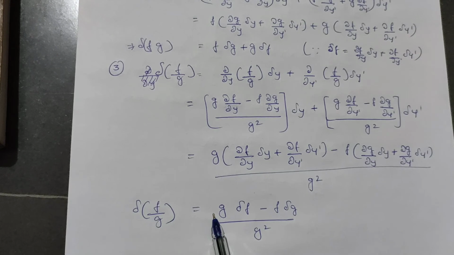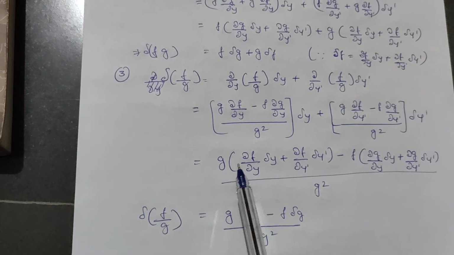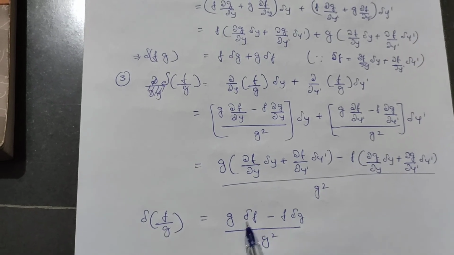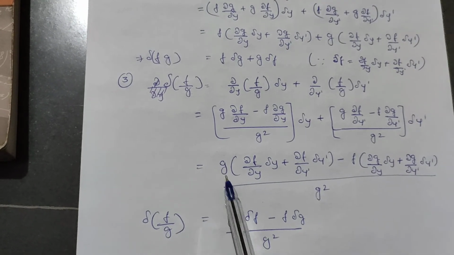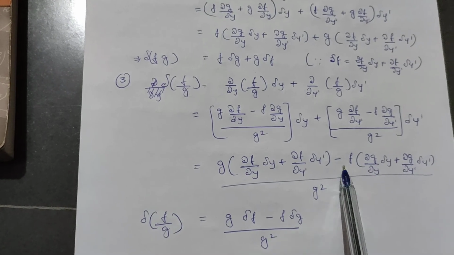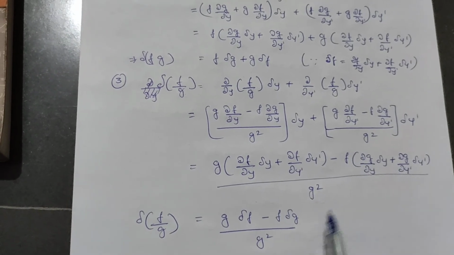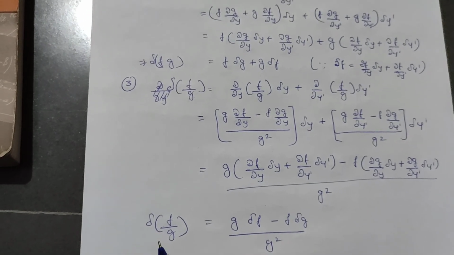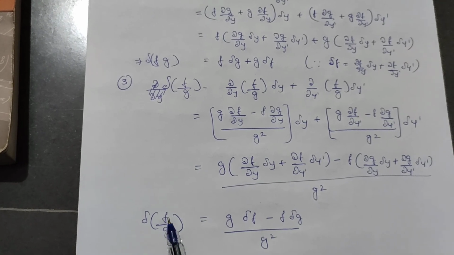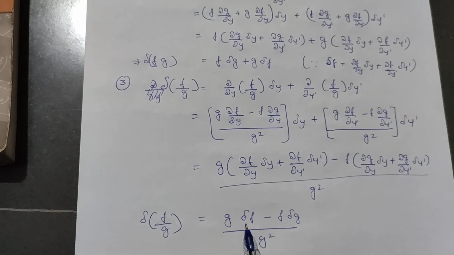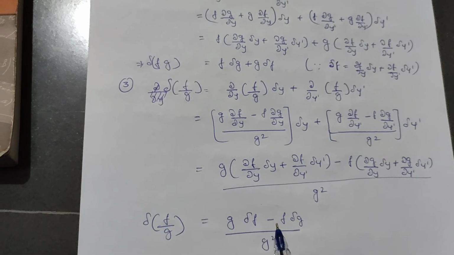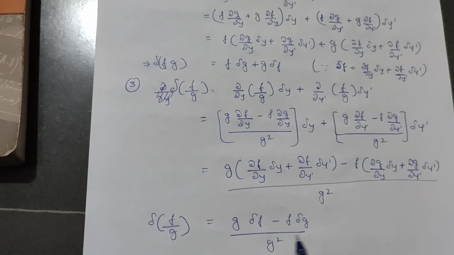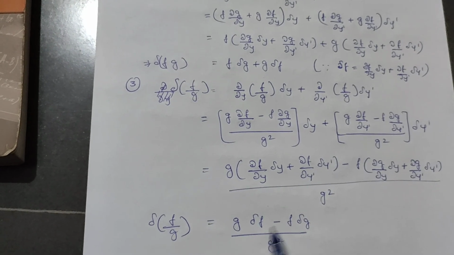Again, we know that this bracket is from the definition of a variational function. This is delta f, so it is g into delta f minus f into delta g, where this bracket is delta g, divided by g square. So delta of f by g is equal to g into delta f minus f into delta g divided by g square. This is like the derivative of a quotient of two functions.